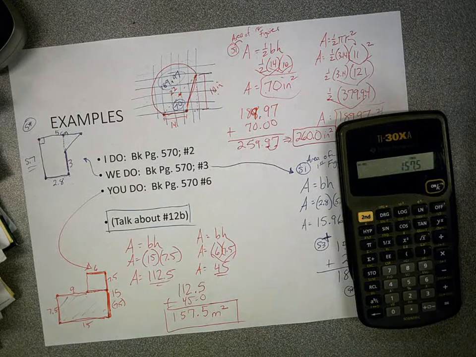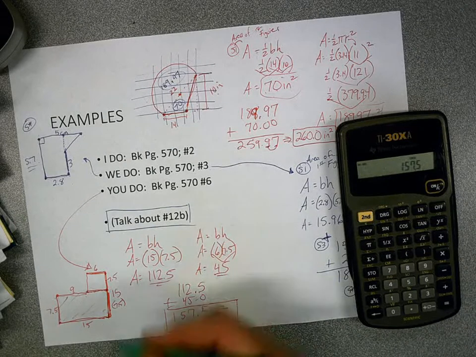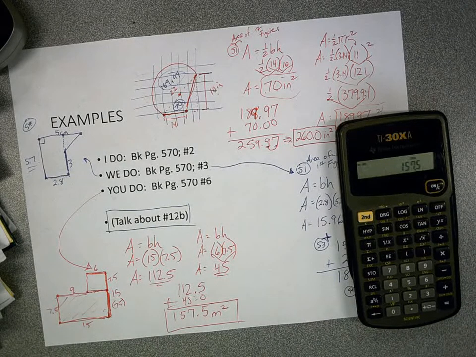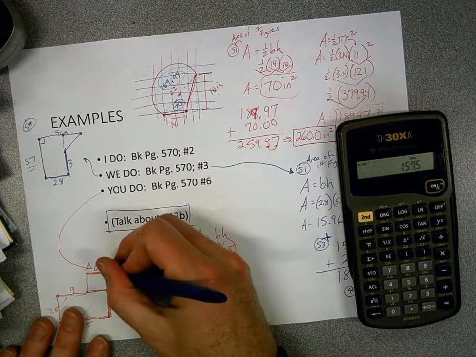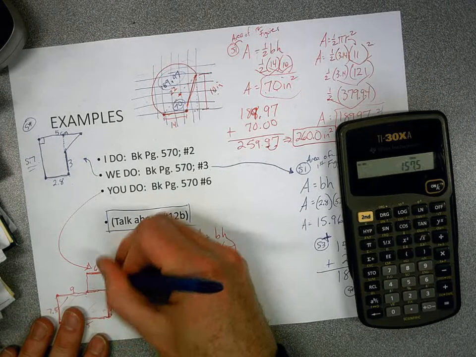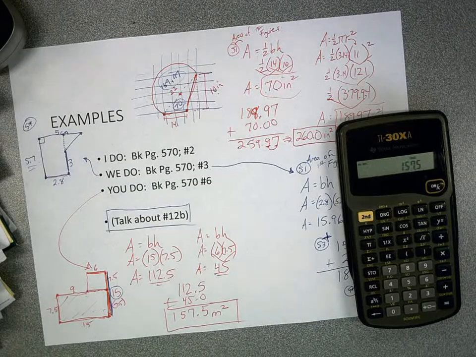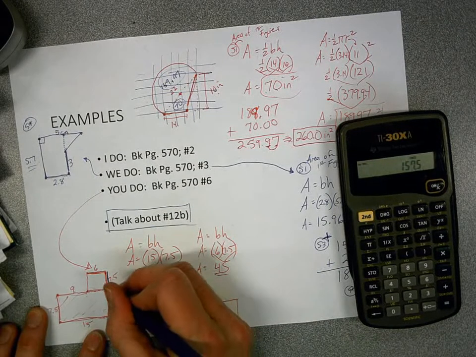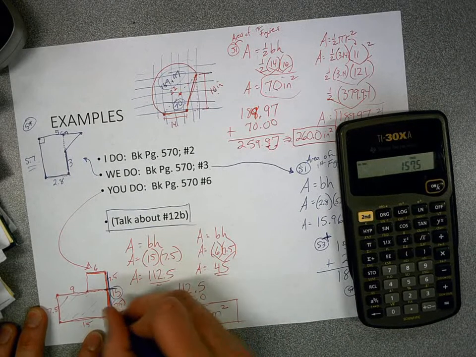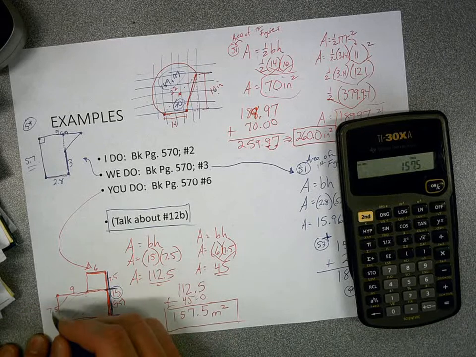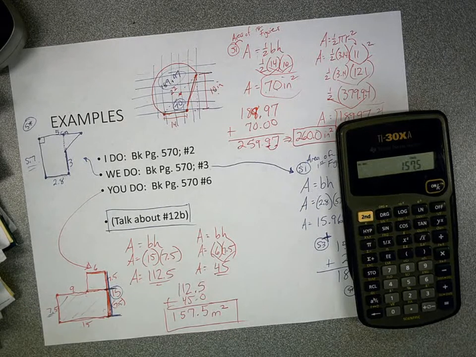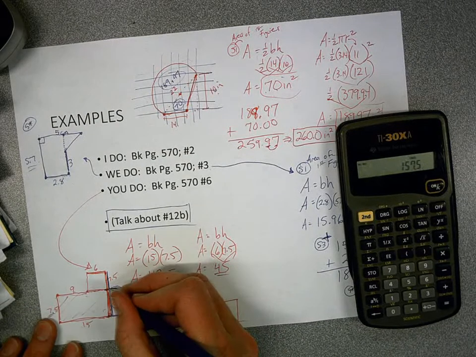Let me see, I'll try to color code it for you. So this whole side here is 15, right? That's what it was labeled. I say, okay, if that whole side is 15, I know that this bottom part was a rectangle. So since that is 7.5, so is this bottom part.